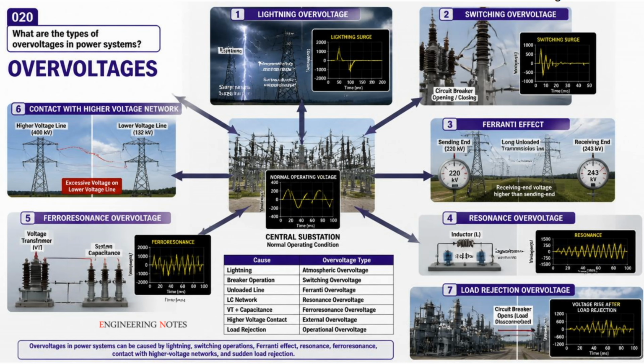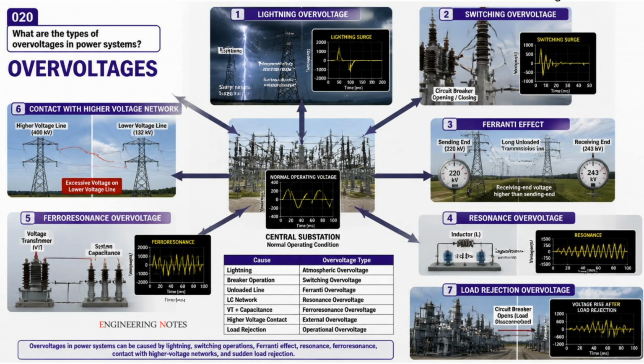D. Resonance overvoltage. Overvoltage caused when the inductive and capacitive reactances of a system create a resonant condition. E. Ferroresonance overvoltage. A special type of resonance caused by the interaction between system capacitance and the nonlinear magnetic characteristics of transformers or reactors.